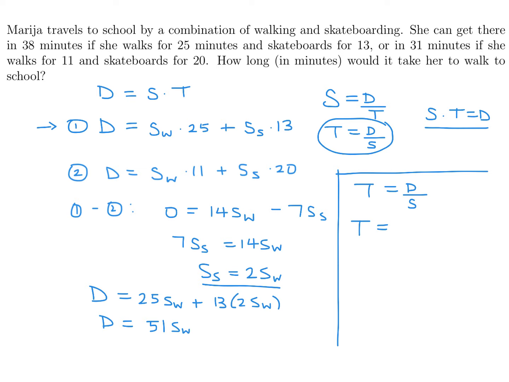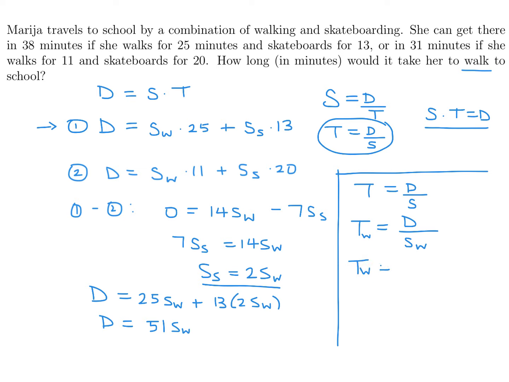Let's say we want to figure out the time for her to walk, which is essentially what they're asking. So it would be the distance from her home to school over the speed of her walking, and that's the time it takes for her to reach school by walking.